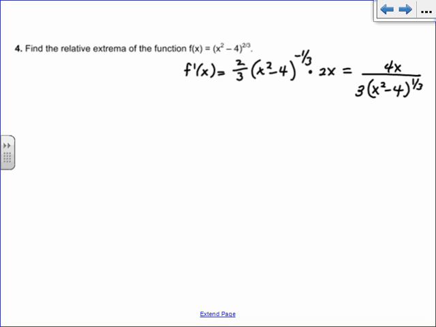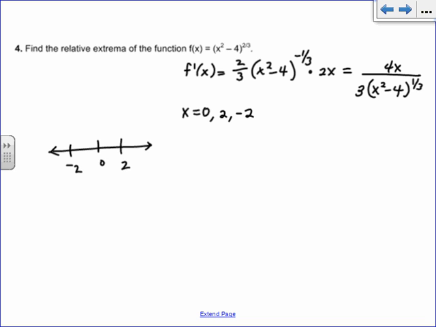So your critical values are pretty easy to see without writing a lot of work. From the numerator, what's my critical value? Yep. From the denominator, what's going to make the denominator equal to 0? 2 and negative 2, exactly. So we put those on a number line. We don't have a closed interval, so we keep it like it is. Then I test in the first derivative. If I test negative 3, the top is negative. The bottom is a little bit tricky.